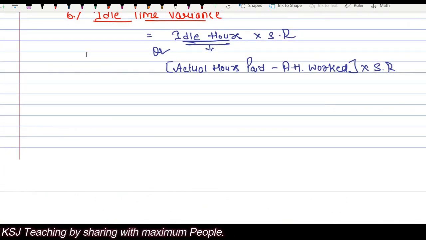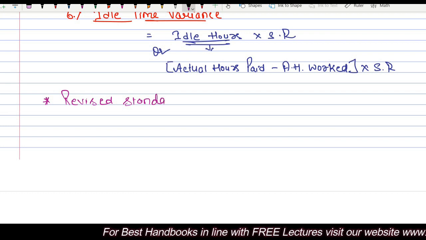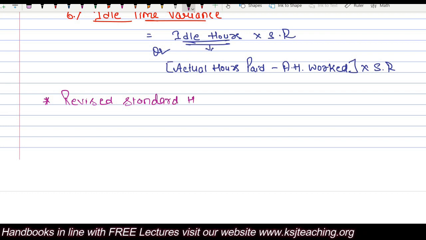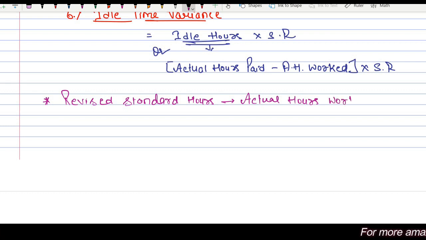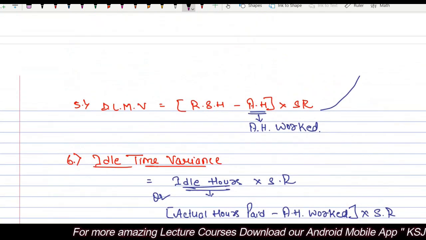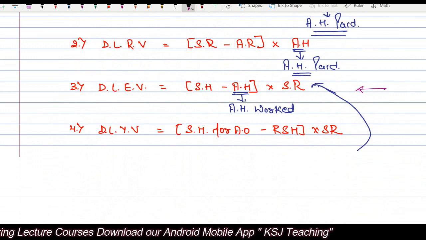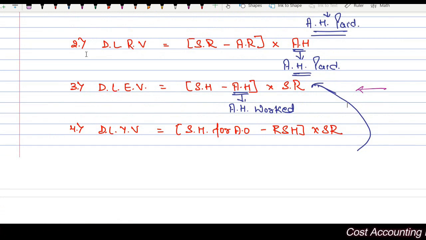Now, one important point you need to remember: when we need to calculate the revised standard hours, right? These will be calculated on the basis of actual hours worked and not on the basis of actual hours paid for, because the revised standards we are calculating for the efficiency part, and the efficiency we always check on the basis of actual hours that have been worked and not the actual hours paid for, right?